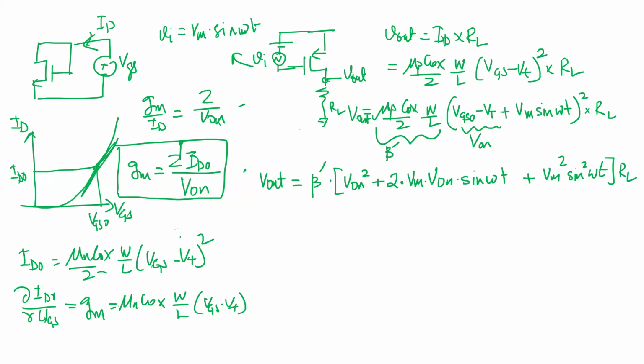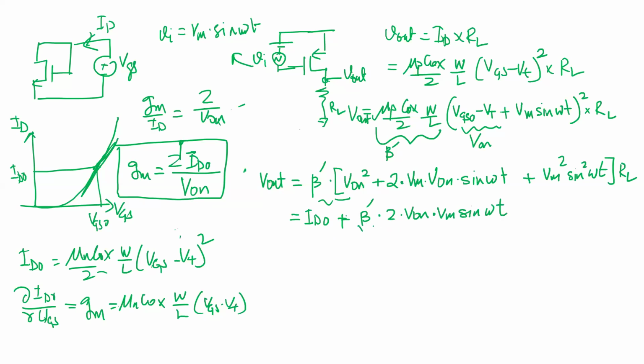Got it? Now, this part here, this beta times V on square, that's ID0. That's beta times (VGS minus VT) whole square. So that's your DC current, right? So if I expand this, this part here is just ID0. And then I get this extra, the signal term, which is plus beta dash times 2 times V on times Vm sine omega t.